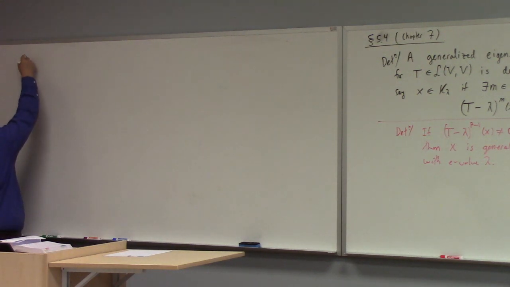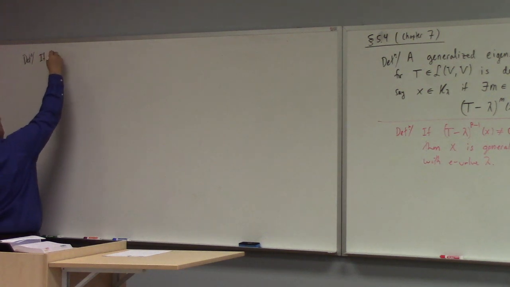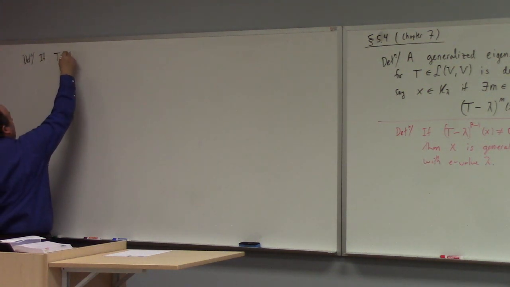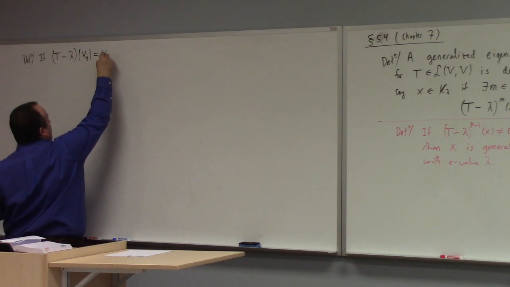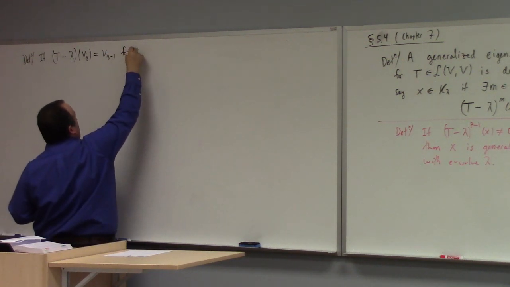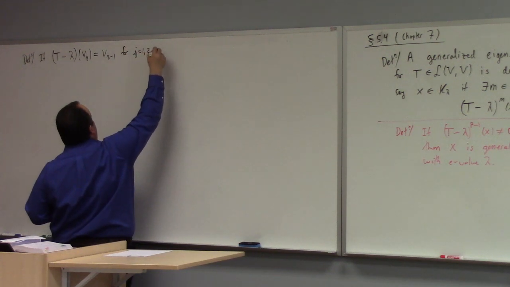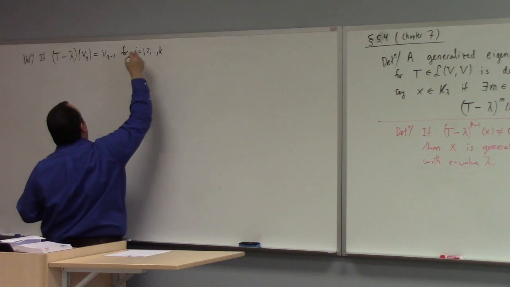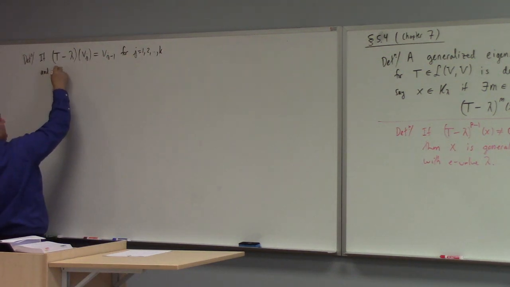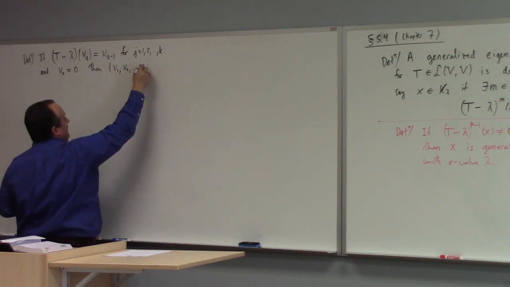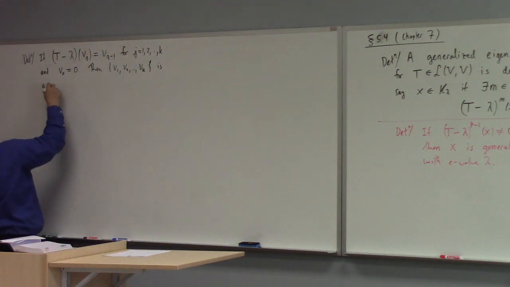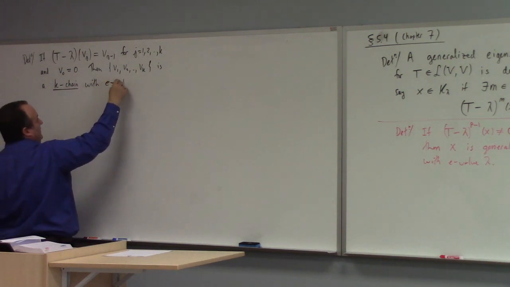So, by definition, if you have (T minus lambda) Vj equals Vj minus 1 for j equals 1, 2, all the way out to k, and we're defining v sub 0 to be 0, then v1, v2, dot dot dot, vk is a k-chain with eigenvalue lambda.